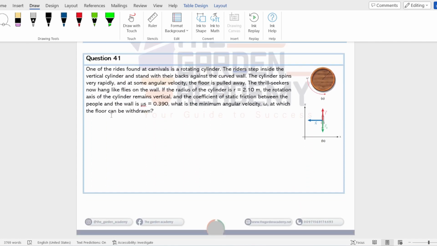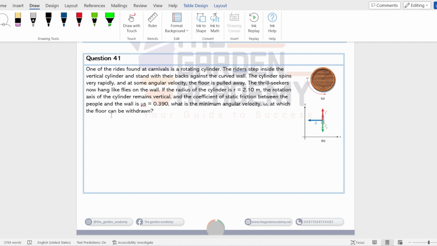Question 41. This is an important question we have in the book. One of the rides found at the carnivals is a rotating cylinder. The riders step inside the vertical cylinder and stand with their backs against the curved wall. The cylinder spins very rapidly, and at some angular velocity, the floor is pulled away.